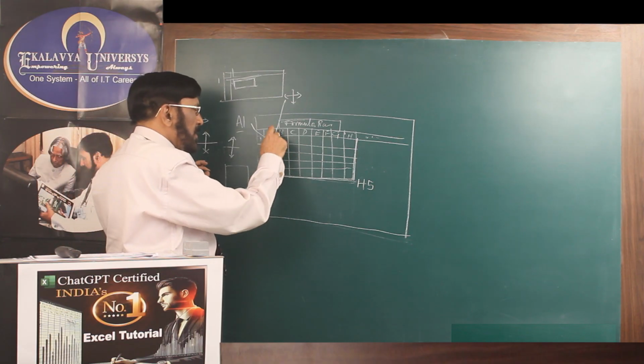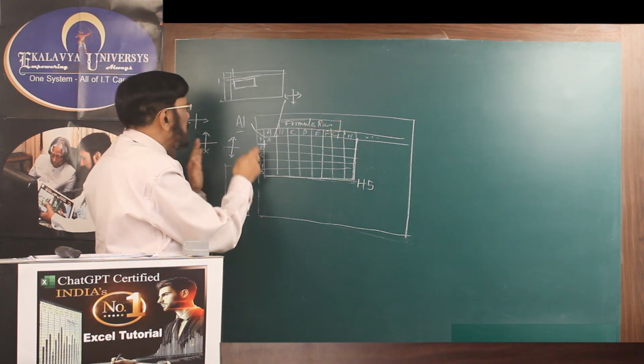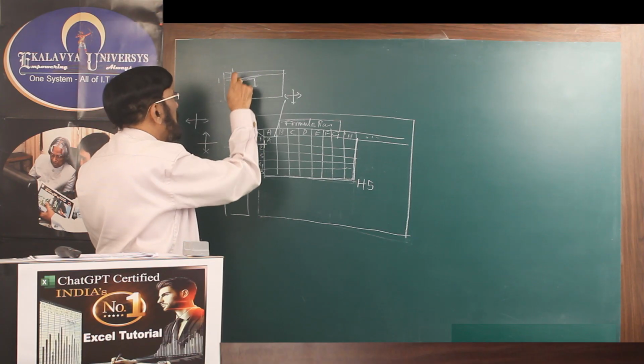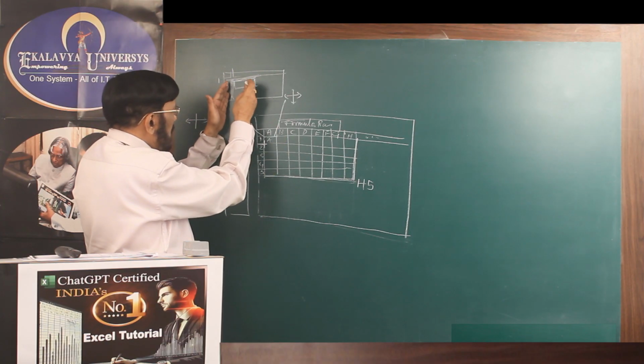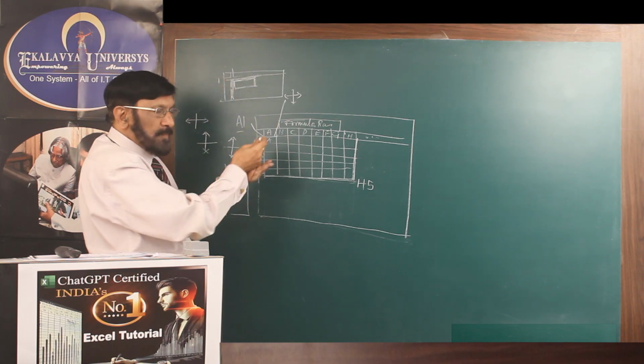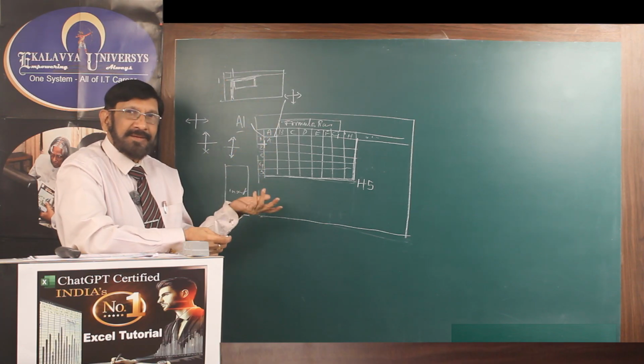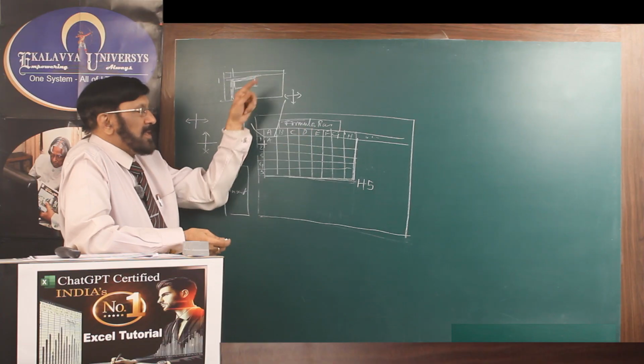Then column A becomes B, and that means one blank column is created here, as you expected. If you create a border now, you can see that border around it.